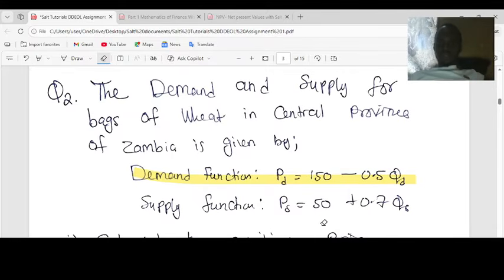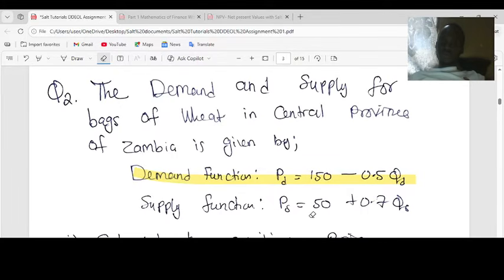So the supply function, what is happening in the supply function? The more the things you want to be supplied, the more the price you're going to have. So if it is costing 2 kwacha to manufacture a pen, manufacturing 2 pens is supposed to cost you maybe how much? 4 kwacha for 1 pen, then two pens obviously cost you 8 kwacha.